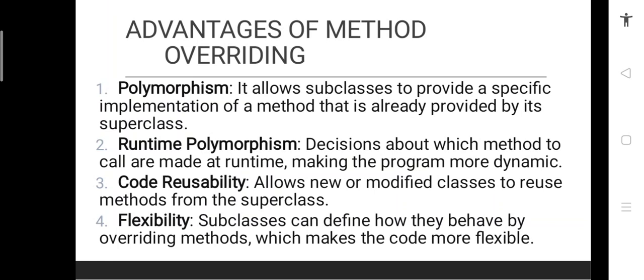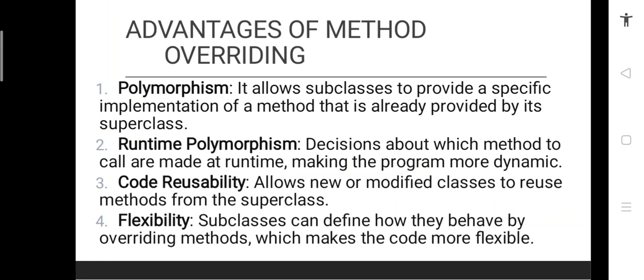Okay, let's look at flexibility. Subclasses can define how they behave by overriding methods, which makes the code more flexible. As I told you, if we call the subclass, the superclass automatically gets activated and will call itself.